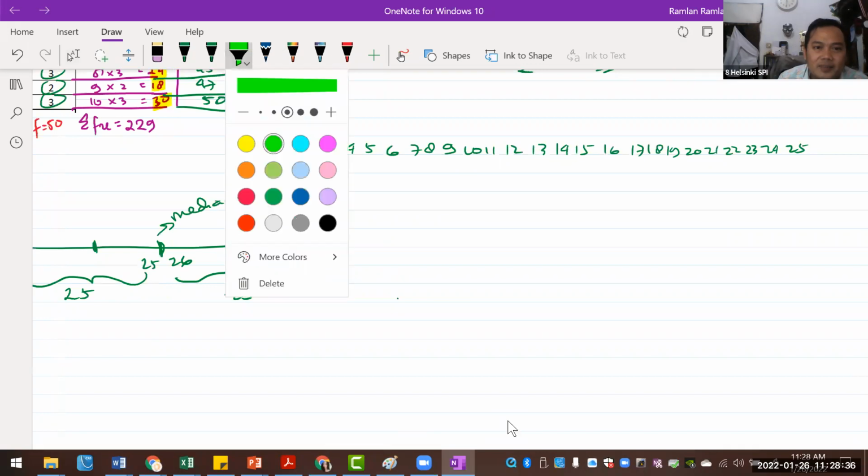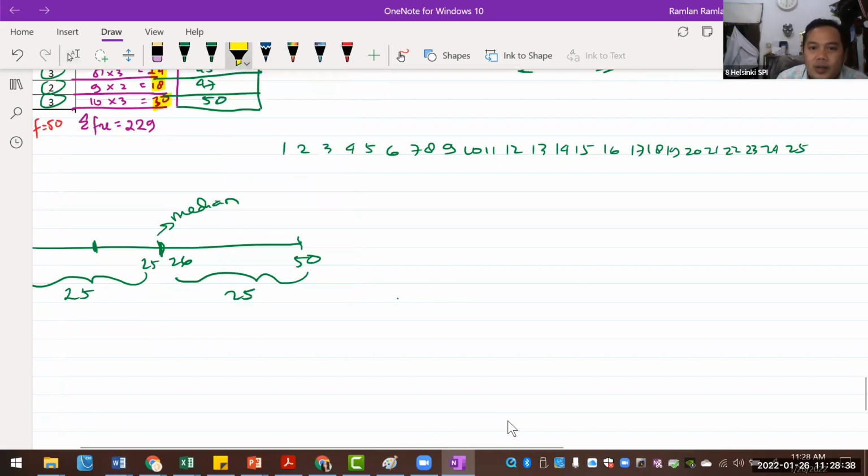Oke, let's see. If I choose the 12 is in the middle, okay. Saya masih di Anin ya. Anin, how many data do I have on the left side of 12? Berapa banyak data? Baik. Ini ada berapa banyak?